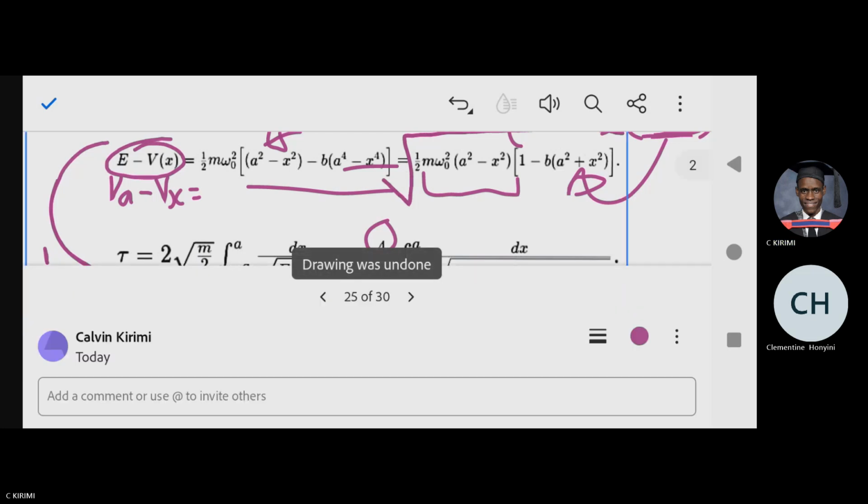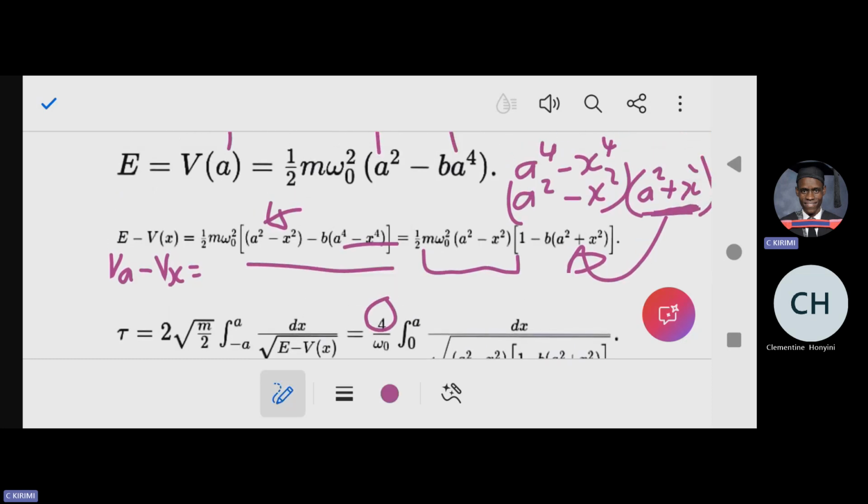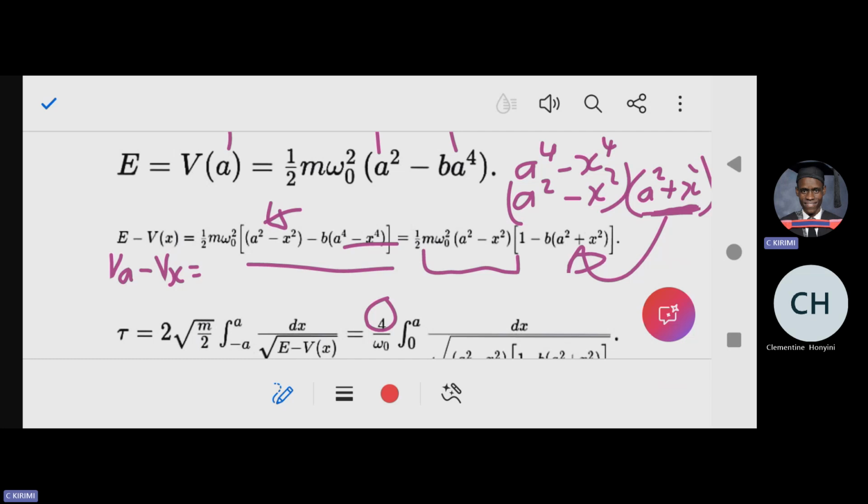This one, under the square root sign. Can you see where we put the square root sign here? This one was the e minus v of x, which is this one. So once you find that, you want it under the square root sign. So that's what I said.